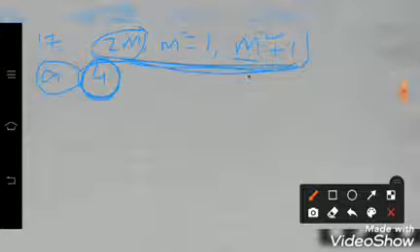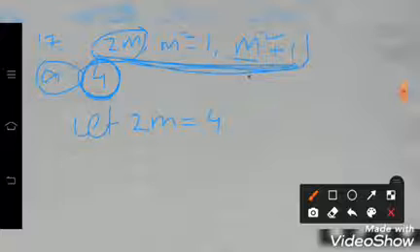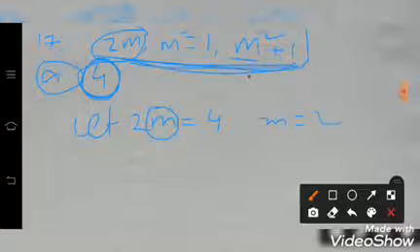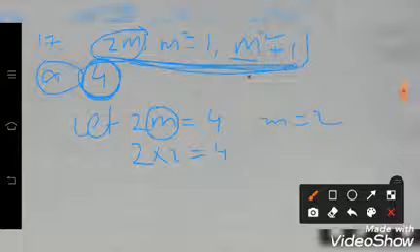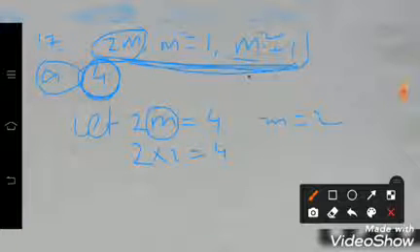So here we can say let 2m equal 4. If 2m is equal to 4, that means this m is equal to 2. Yes or no? This is because 2 into 2 is 4. So 2m is equal to 4.